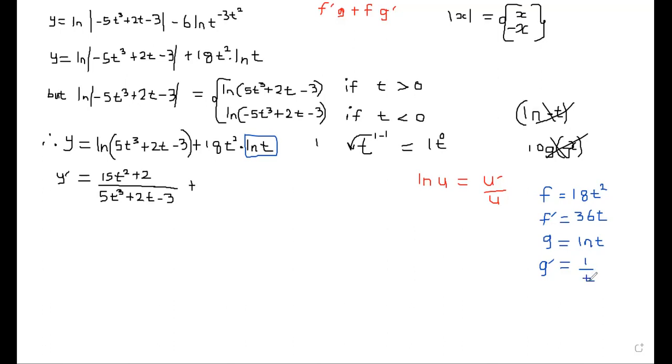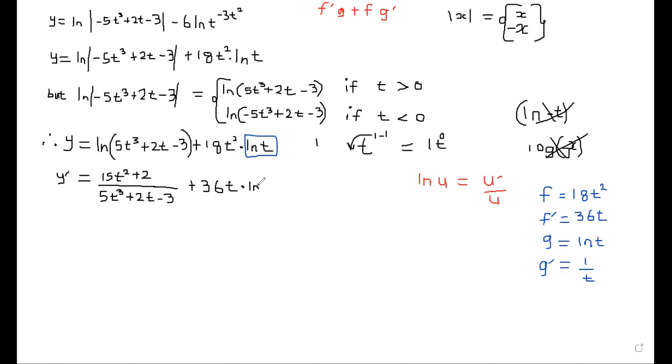Now let's apply the product rule, because now we know what our f prime and g prime are. The product rule says f prime. What is f prime? It's 36t, multiplied by g. What is g? It's ln t.